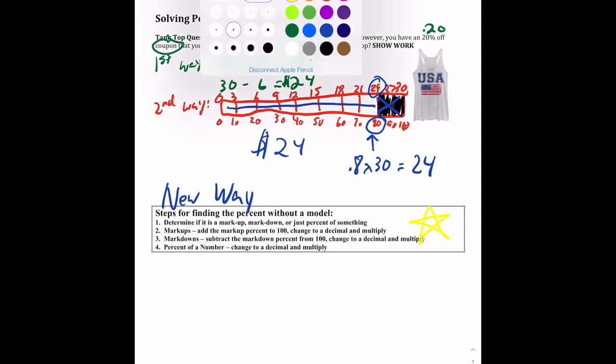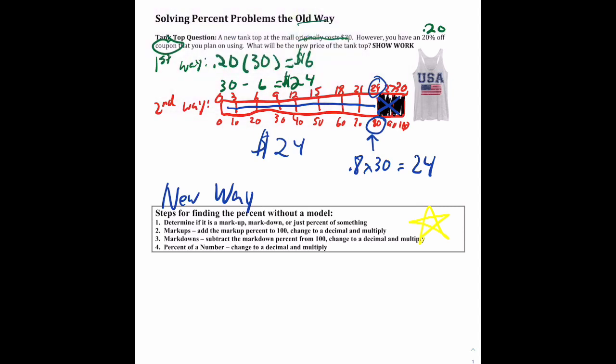So, if we look right here, we have to determine if it's a markup, markdown, or just a percent of something. So in this question, it was 20% off. So that was a markdown. This was a markdown question in reference to this question right here. So then, if it's a markdown, we can pretty much go to step 3, because step 2 is just talking about markup.